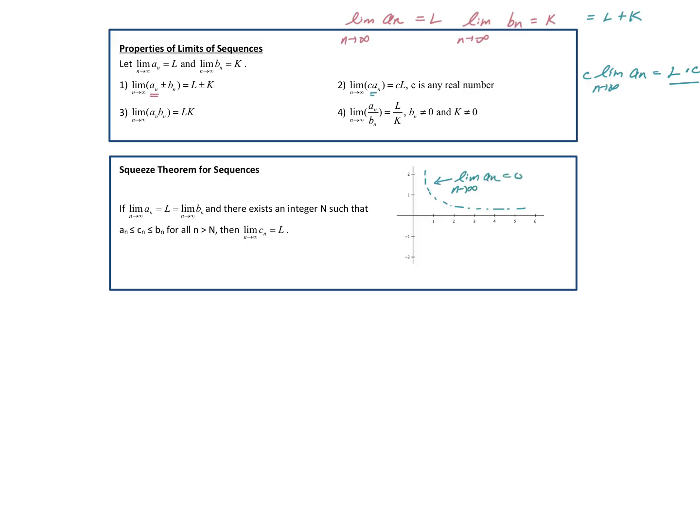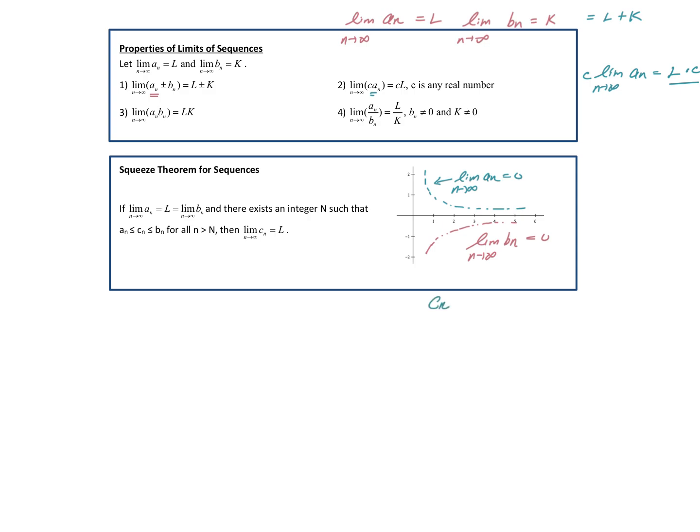Let's say I had another sequence, b sub n, so the limit as n goes to infinity of b sub n also equals 0. Let's say we had a third function, c sub n, but we knew nothing about it.